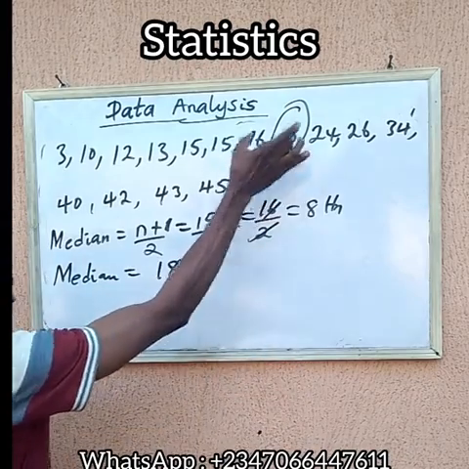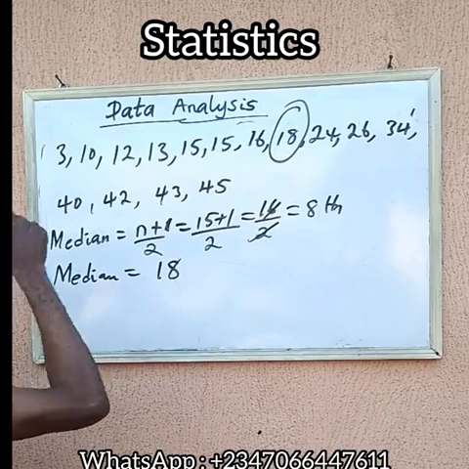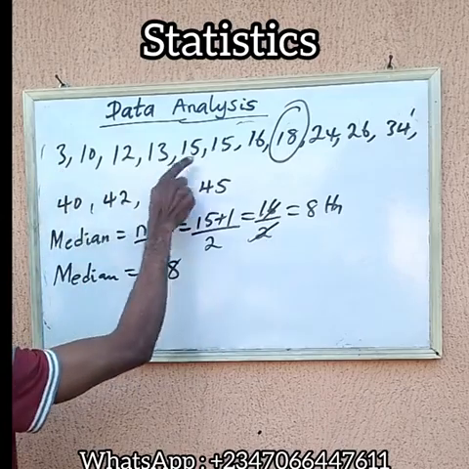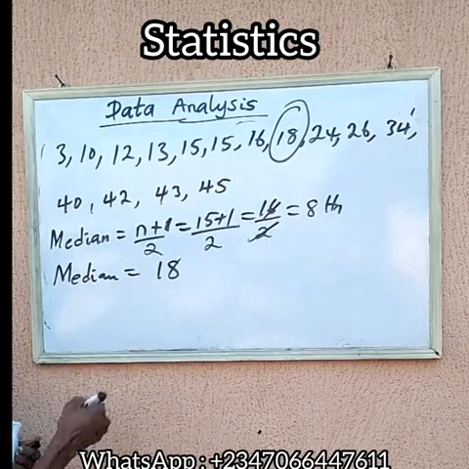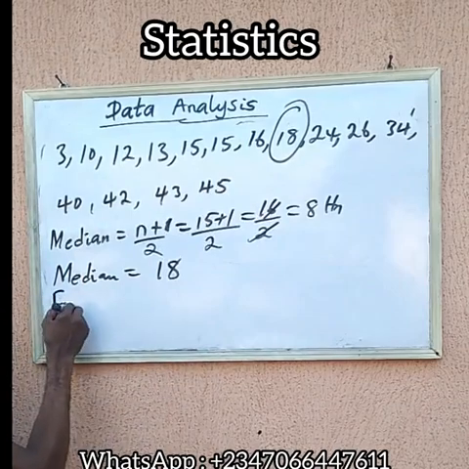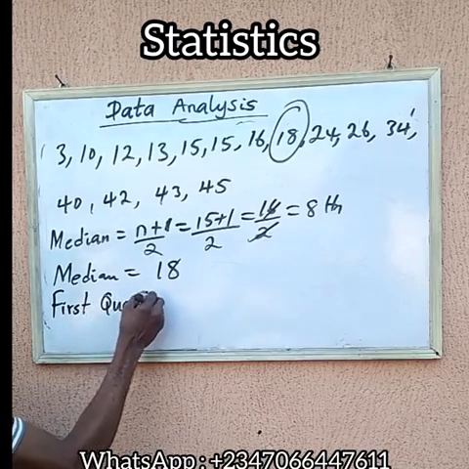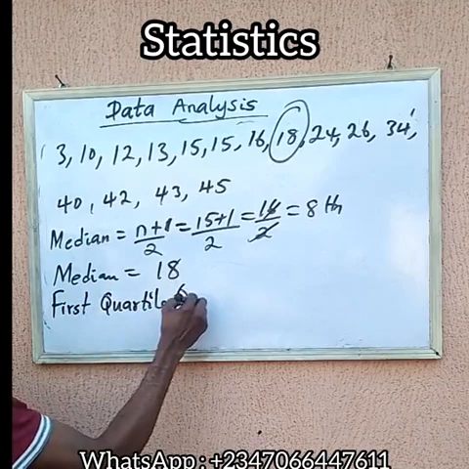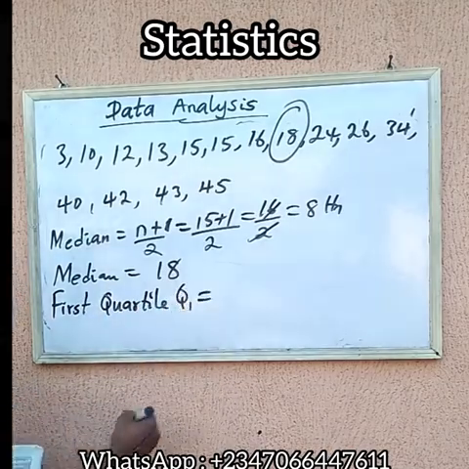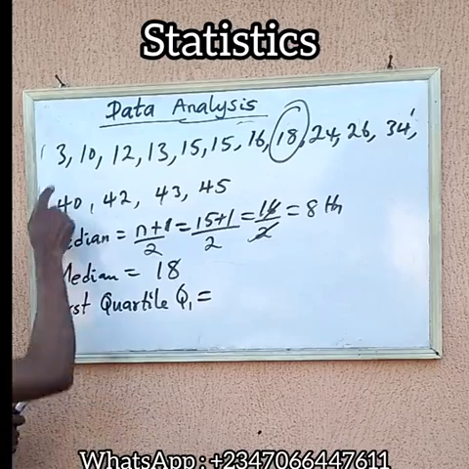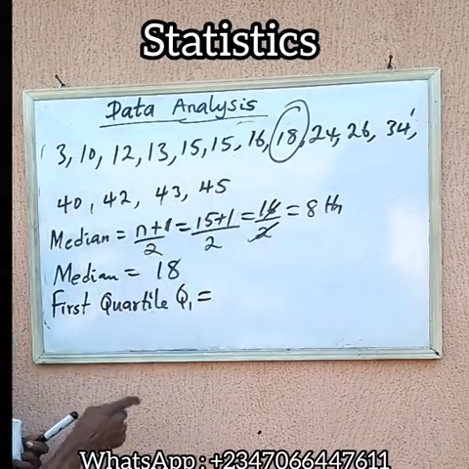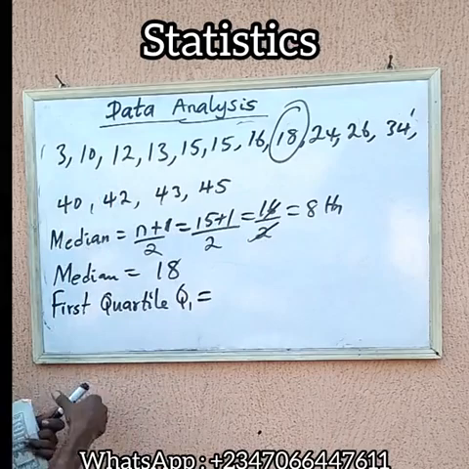Now let us go. Since this median is already out, the first quarter will be the first 7 numbers before the median. So that is your first quarter, Q1. It is equal to the median of the first half of the distribution. How many numbers do we have? We have 7.